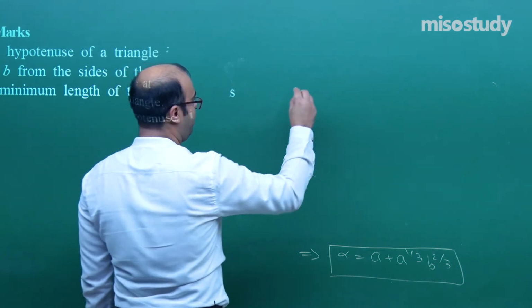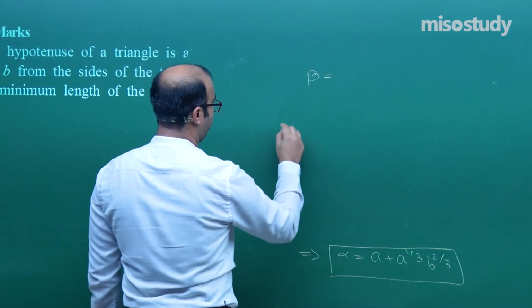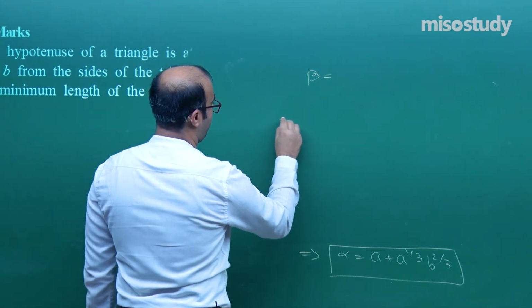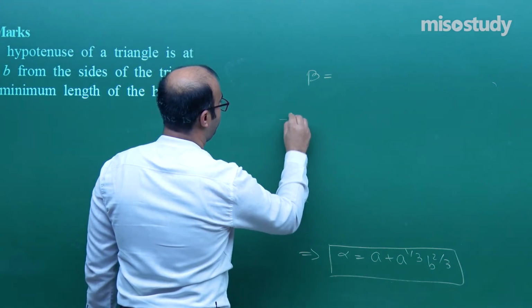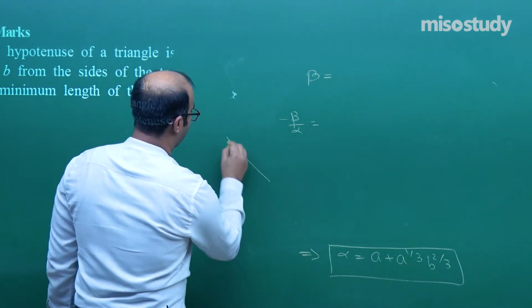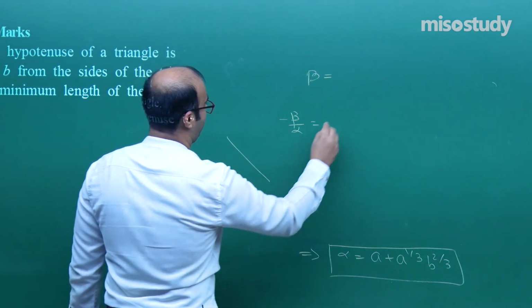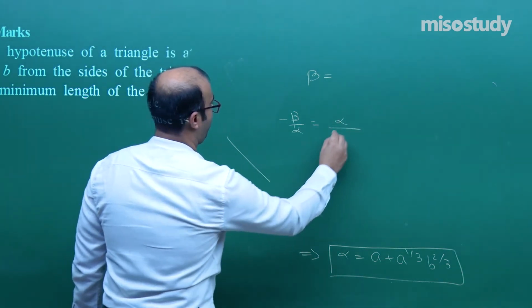So this is alpha. If you remember beta, you can find beta by the formula as it was minus beta by alpha is equal to alpha upon alpha minus a.